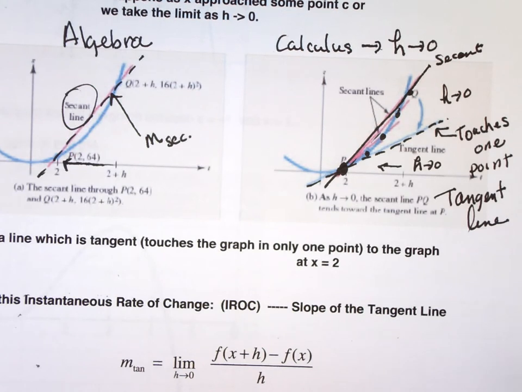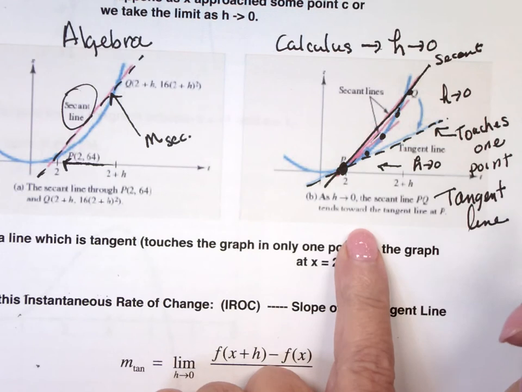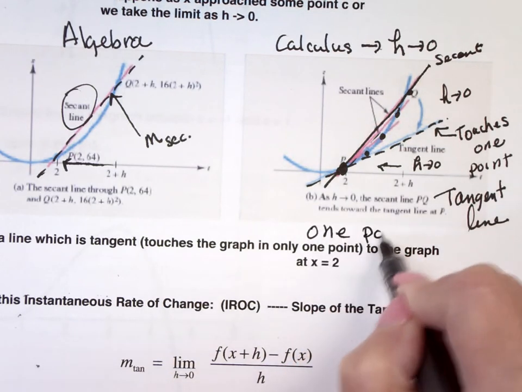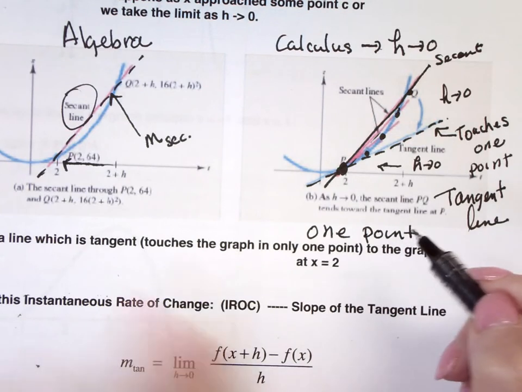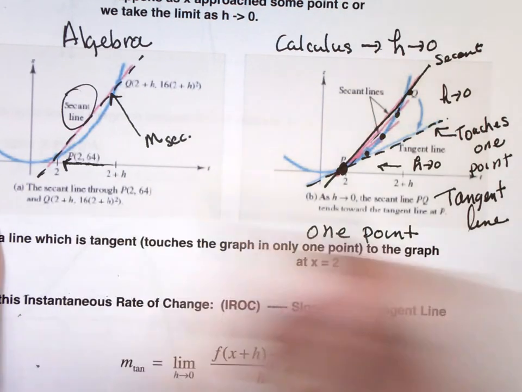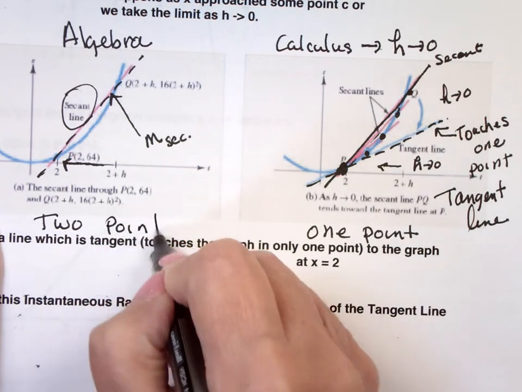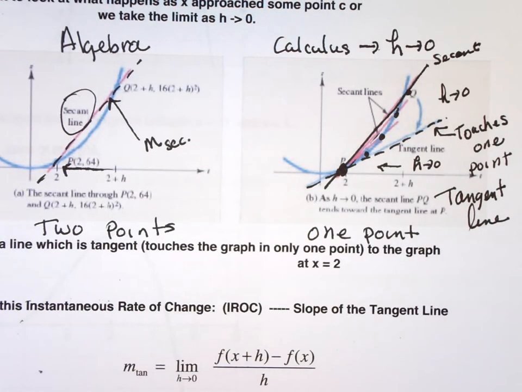So when I'm dealing with the tangent line, I'm only dealing with one point. When I'm dealing with the secant line, I'm dealing with 2 points. Tangent line's 1 point, secant line is 2 points.